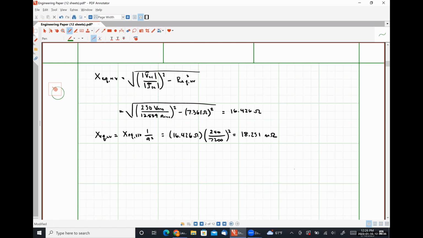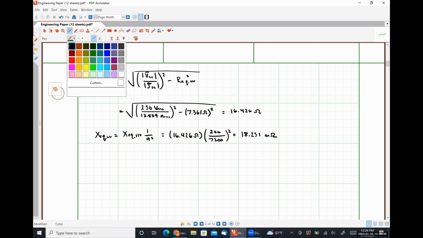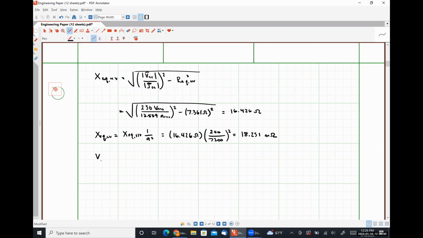All right, so we're going to put all of the work that we've done together and find the quantity V1 over A as a total thing. So that is, again, V2 plus I2 times REQ low voltage plus J XEQ low voltage.